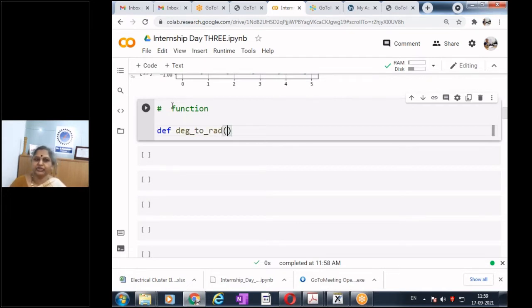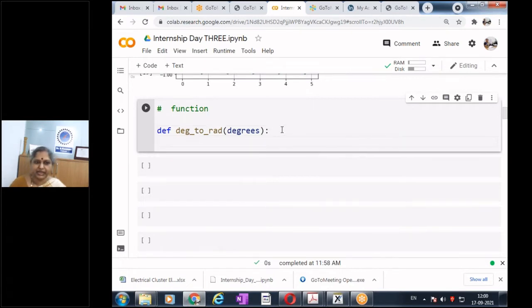And suppose I want to write a function for converting degrees to radians. What should it accept? It should accept degrees. It will accept degrees, it will convert it to radians and give me the output. And please remember to terminate it by a colon. And then how do I convert? What is my radians now? How do I get radians from degrees?